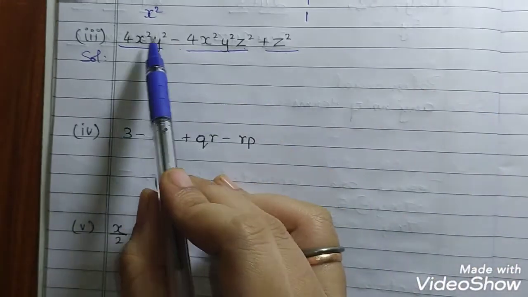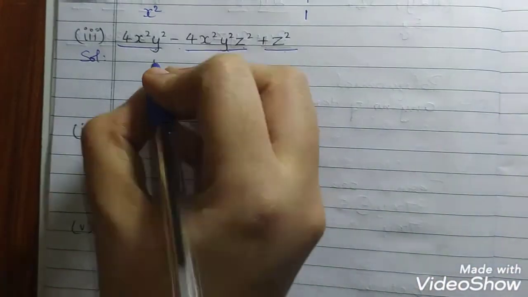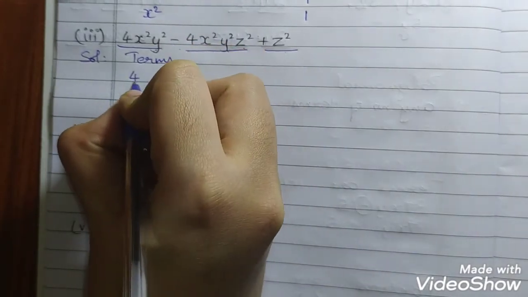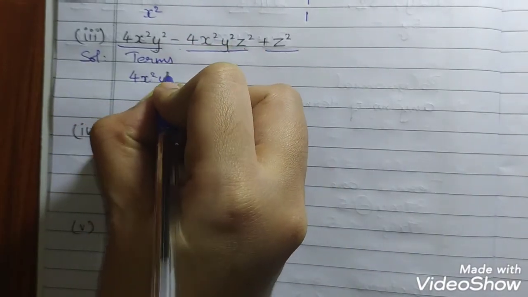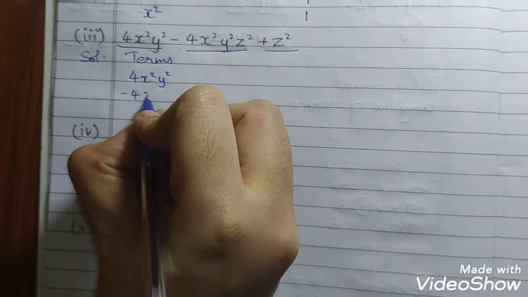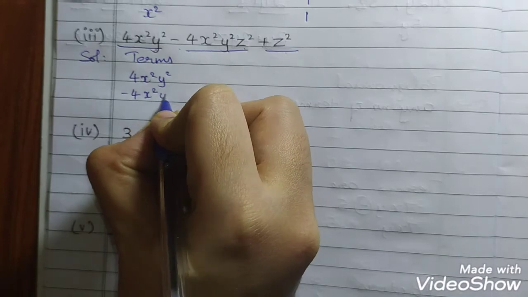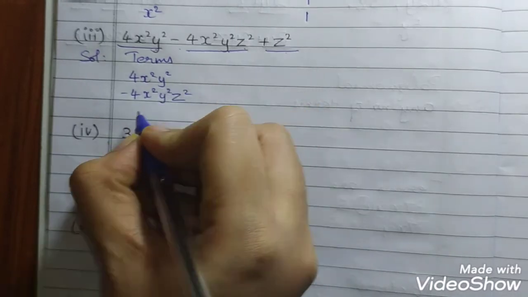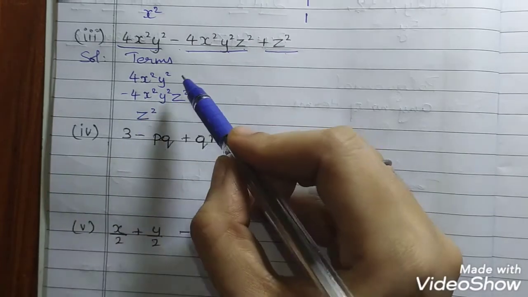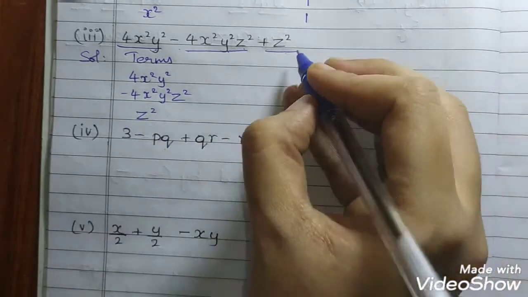So totally 1, 2, 3, 3 terms are there. So we'll write the terms. First one 4x square y square. Second one is minus 4x square y square z square, and the third part is z square. So 1, 2, 3. 3 terms are here.